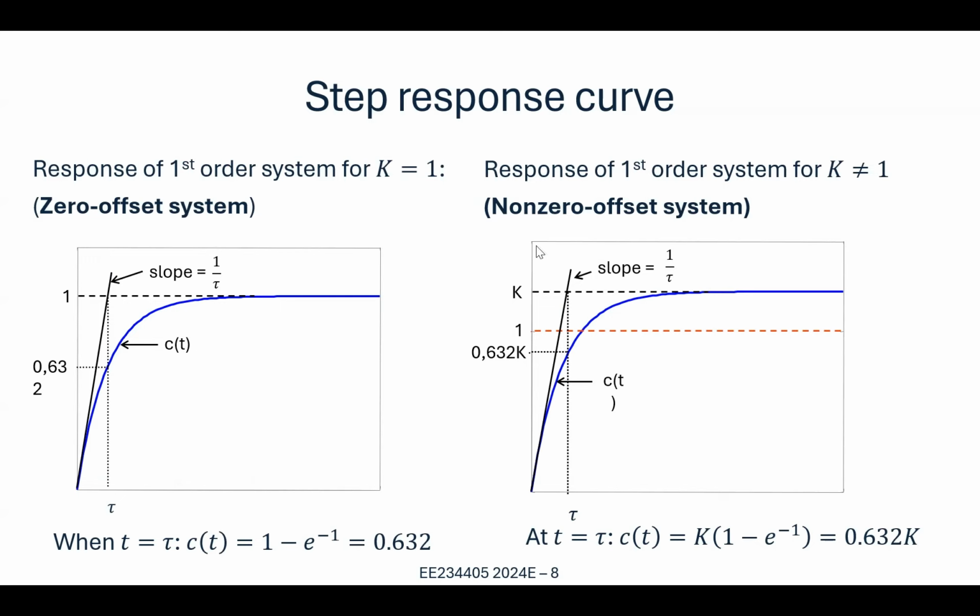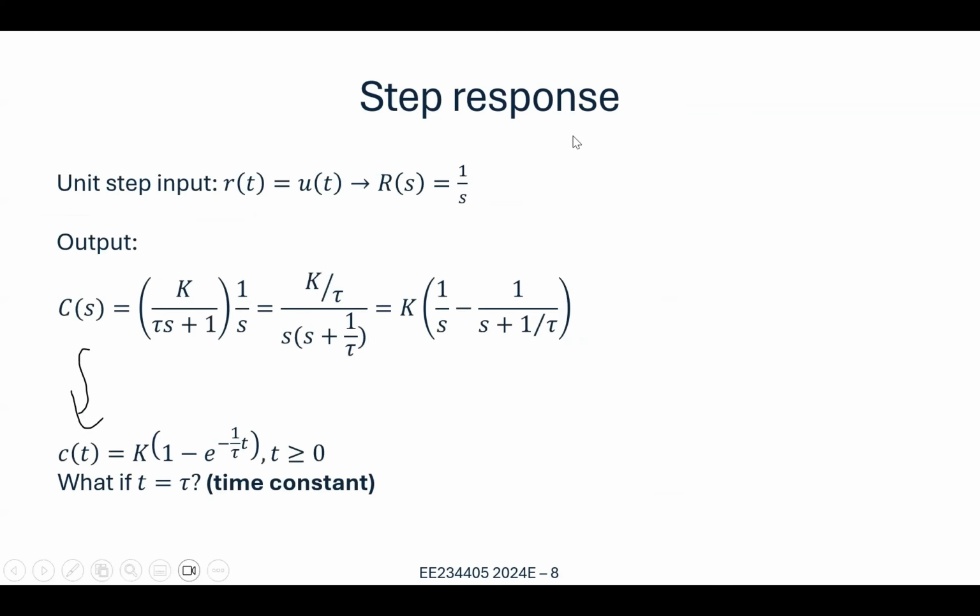These two actually have the same shape. The difference is that on the left we have the gain 1. If the gain is 1, it means that at the end of time we have value 1, because as I just mentioned, at time infinity this value would be 1.